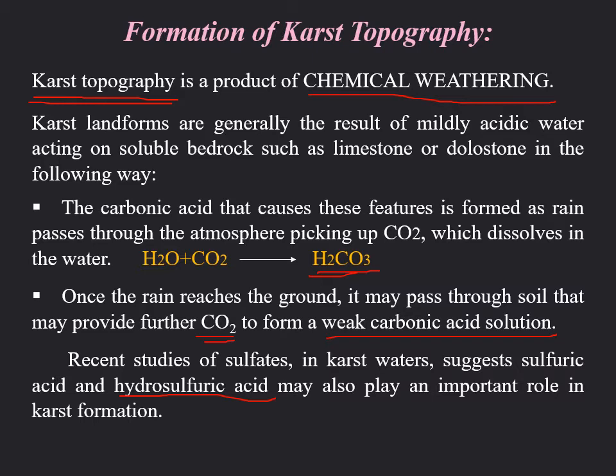So although carbonic acid is the main acid formed due to reaction of water with carbon dioxide, apart from carbonic acid, mild sulfuric acid, even hydrosulfuric acid and nitric acid can also form.